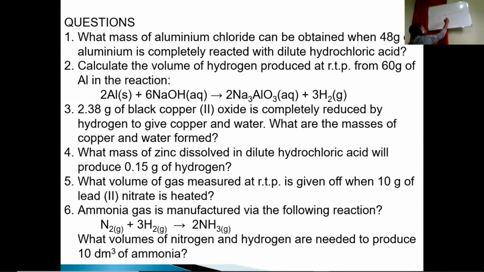So let's go with copper oxide to copper first. The first thing is to find our mole. Since we're given the mass, it is 2.38 divided by the molar mass of copper oxide. Copper is 64, oxygen is 16, so that is 80. So we have 2.38 divided by 80, and we get 0.03 moles.